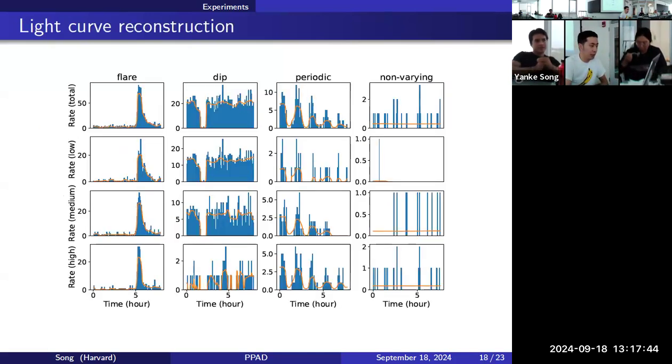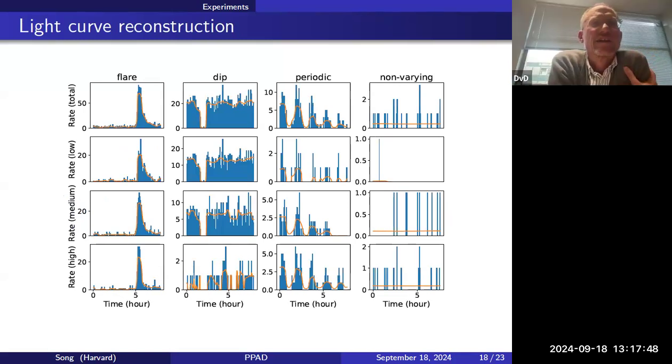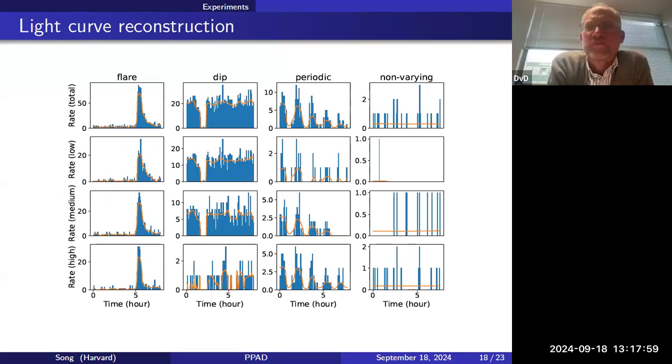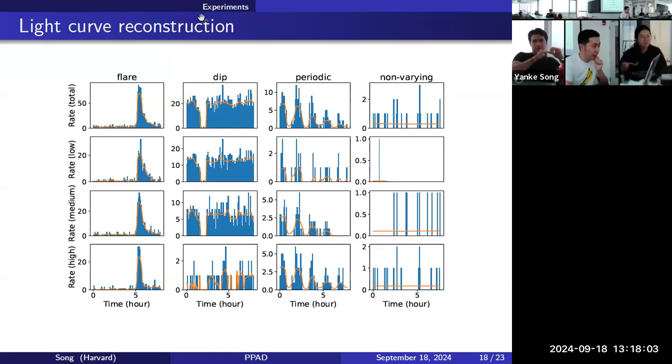Okay. Jeff Scargle has left now, but unsurprisingly he was comparing what you're doing to Bayesian blocks, which is his favorite algorithm. Oh, is that in the chat? It's in the chat. I'm not exactly sure what Bayesian blocks is.